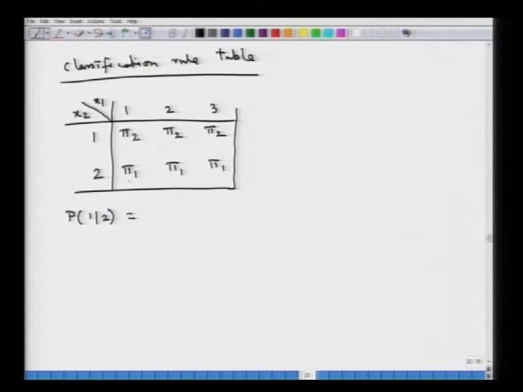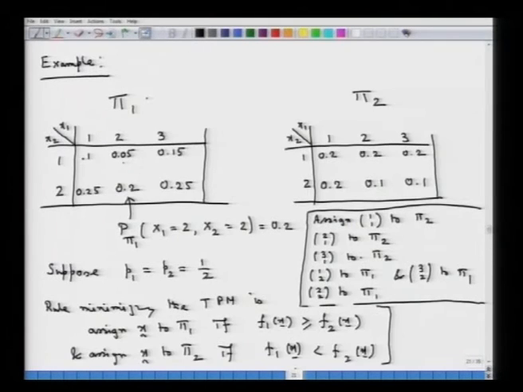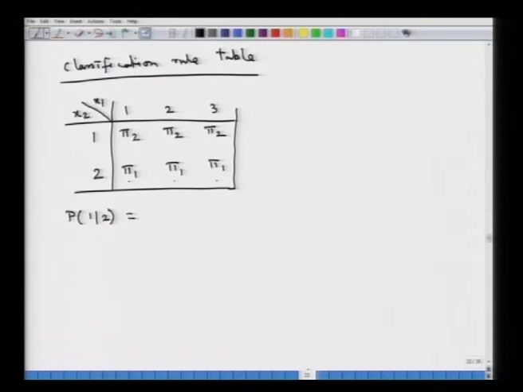From the table, we have to look at these cell probabilities under pi 2, because the observation has really come from pi 2 and we are by mistake misclassifying it into the pi 1 population.